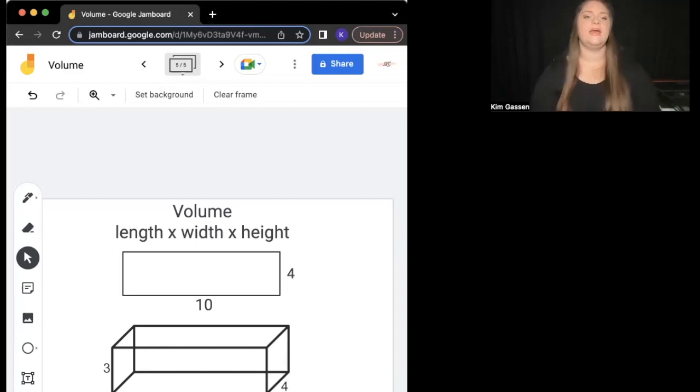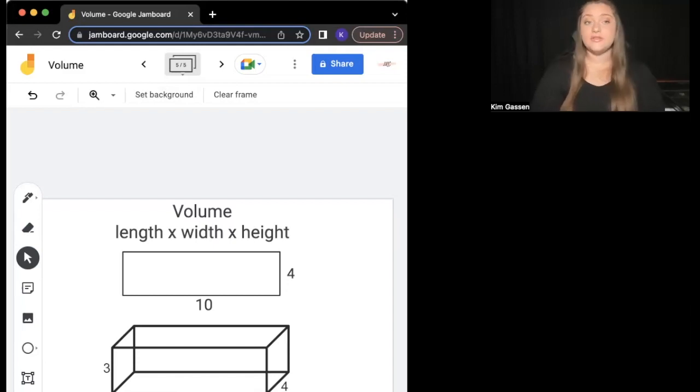Got it. Now, let's imagine that this rectangle turns into a box, okay? It goes from being two-dimensional to being three-dimensional. So now we're going to find its height. Let's say that it is 3 feet tall.